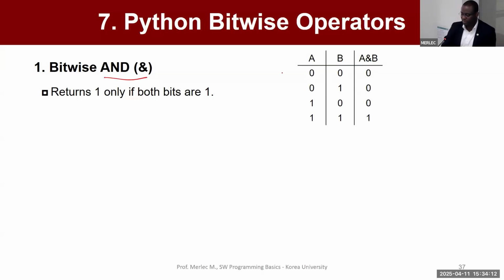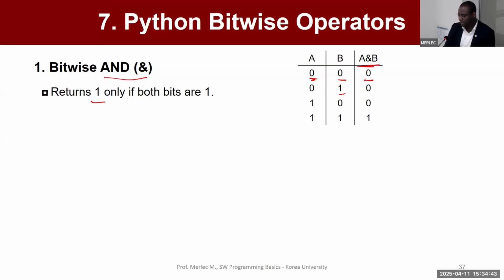So in this table, you will see what the bitwise AND operator does. It returns 1 if both bits are 1. Here, 0 combined with 0. So for the expression, A will be 0, 0, 1, 1, and then B 0, 1, 0, 1. The expression A AND B will give 0 if A and B are 0.